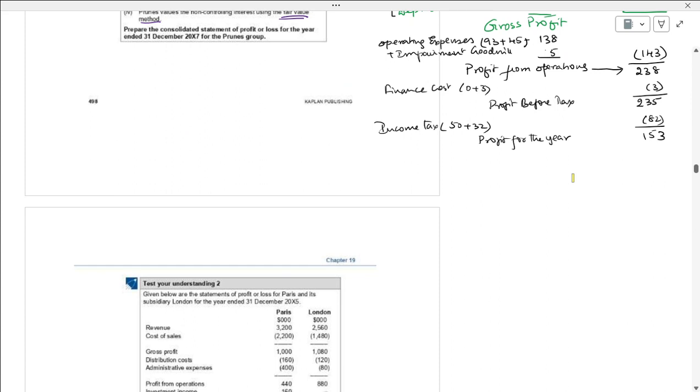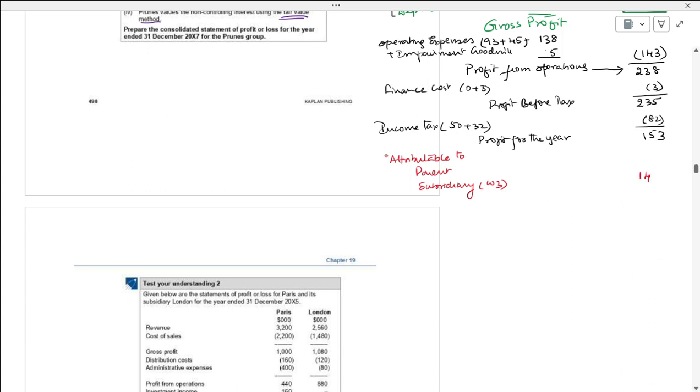Now you have to write very clearly: attributable to parent. And for the subsidiary, you cannot write it like that, you have to use working 3, which is 14.